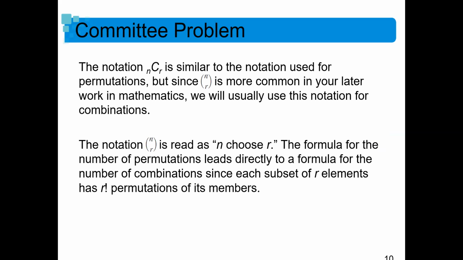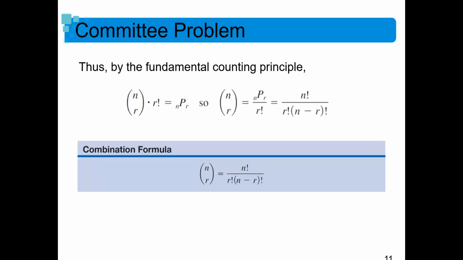The formula for the number of permutations leads directly to a formula for the number of combinations, since each subset of r elements has r factorial permutations of its members. The formula is this: n choose r is equal to n factorial over r factorial times the quantity n minus r factorial.